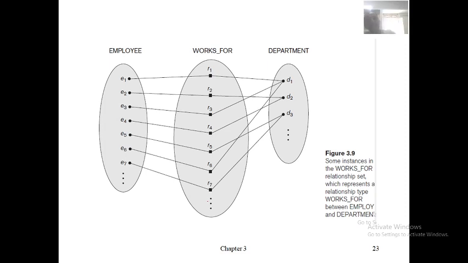Now see here, degree 2. One is an employee entity and another one is a department entity. These two are the entity types, and works for is a relationship type.